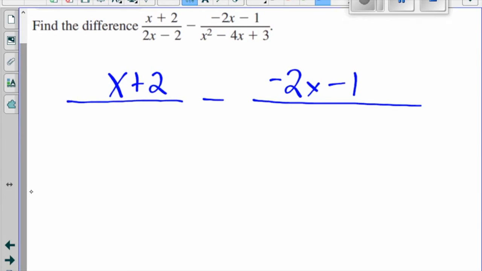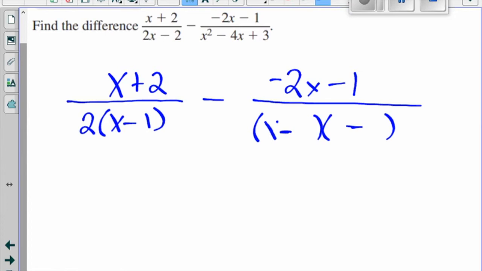Now the denominators, because they're different, 2x minus 2, we can do what? We can factor out a 2, which would leave us with an x minus 1. Because the 3 is positive, the signs are the same, and they match the sign in the middle of the term, so they're both going to be negative.